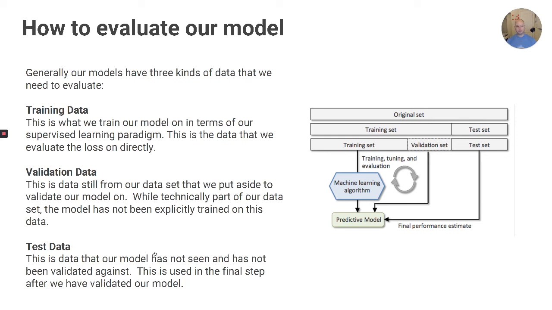So we can very much overfit our training data. We can even overfit our validation data, but then we take it out to the world, right? The test data that we have is very, very different than what we've seen in validation or training, and all of a sudden our model doesn't do well. So this is the justification for having these three different segmentations of data.